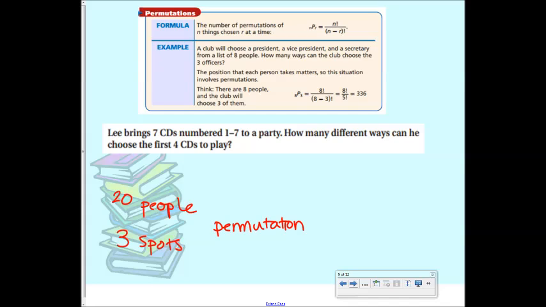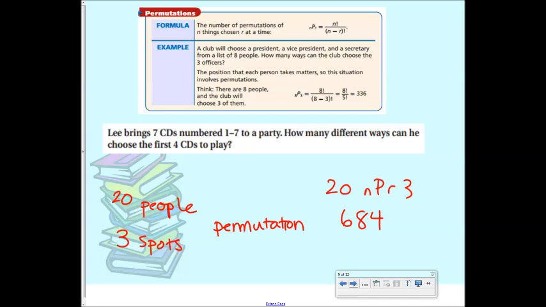And then hit 3. So it should look like this. 20 NPR 3. And that ends up giving you what? 6,840. So that's how many permutations there are for winning first, second, and third place.